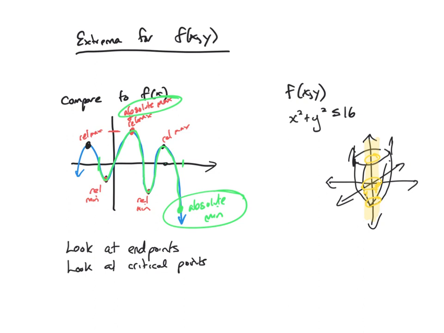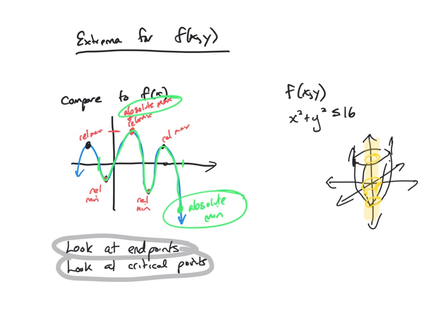So I'm not going to dig into the details of this, but what we're leading into next is that we're really going to try to distinguish between the boundaries, which are like the endpoints for a function of one variable, and the interior, which would be where we would be looking for relative minima and maxima.